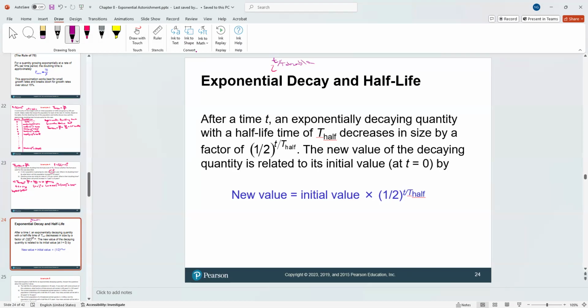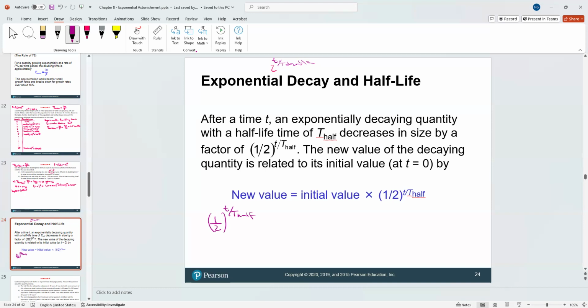So for us, the decrease in size is by a factor of 1/2 to the power t over T half, okay? So make sure you write it correctly. Now, we're not going to say T double, but we say T half.